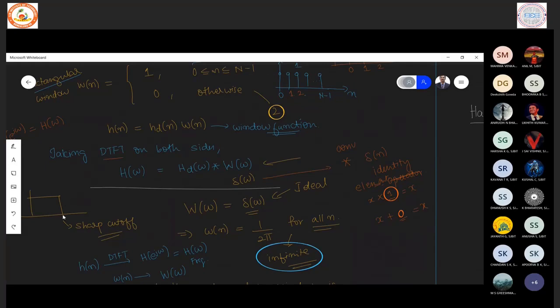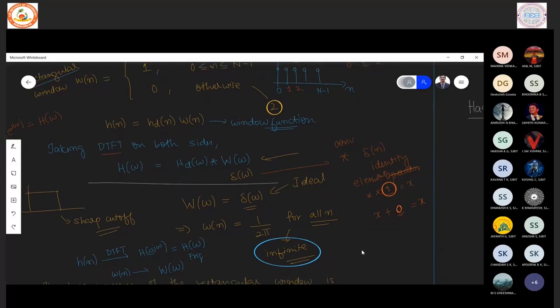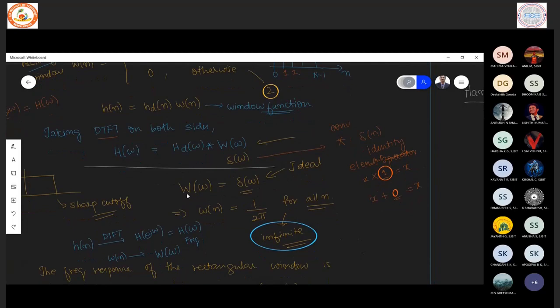This behavior is found only in the ideal case; in real life we will never get it. This ideal behavior is shown by delta of omega. Now, if W of omega is equal to delta of omega, then w of n is equal to 1 by 2 pi for all values of n.